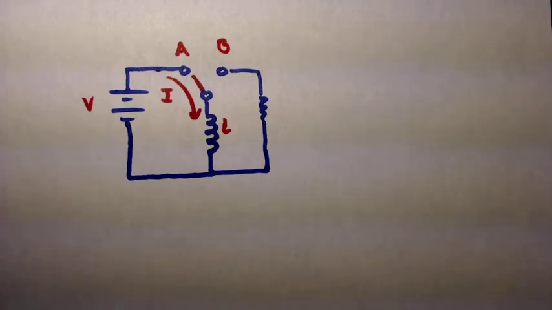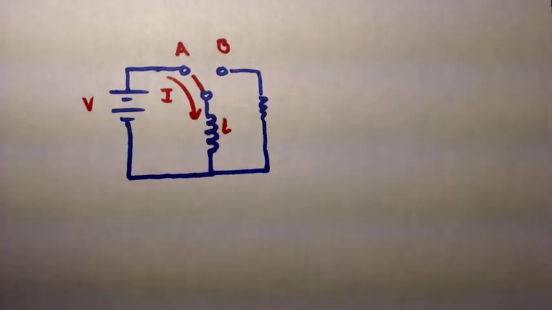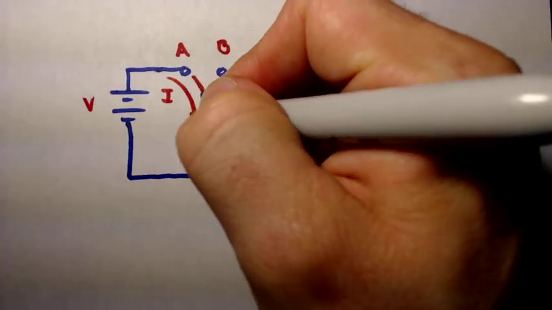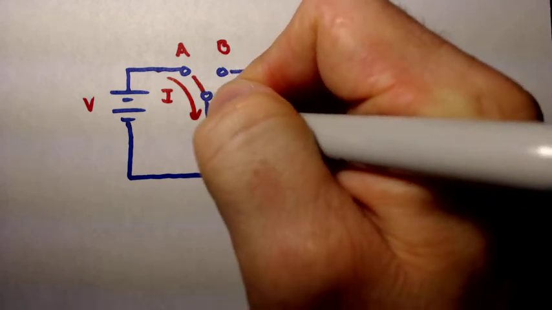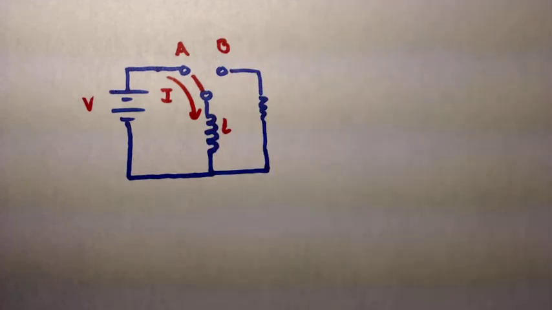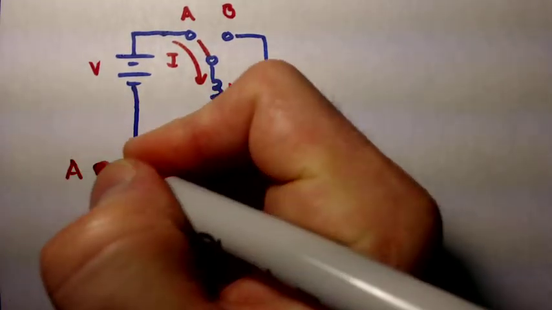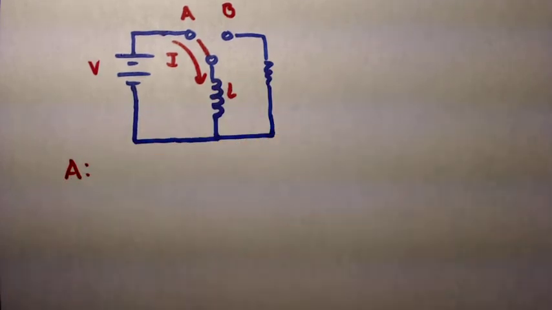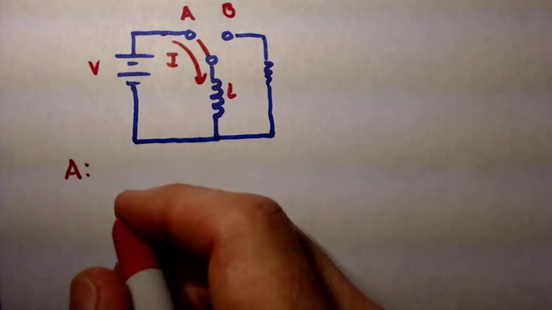Now, once we start getting current flowing into the inductor, we're going to start building up a magnetic field around this inductor. I'm going to call that an expanding magnetic field. And I'm going to label this as A. This is what happens when we flip the switch over to A.